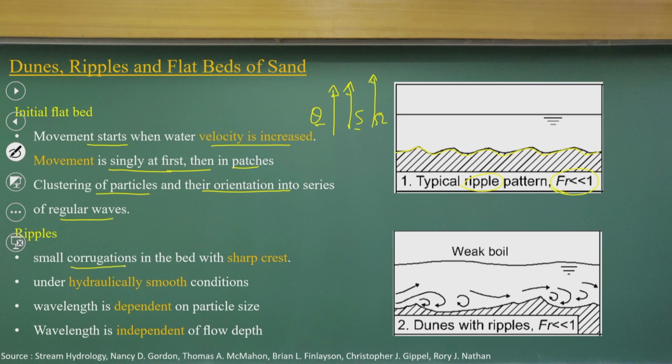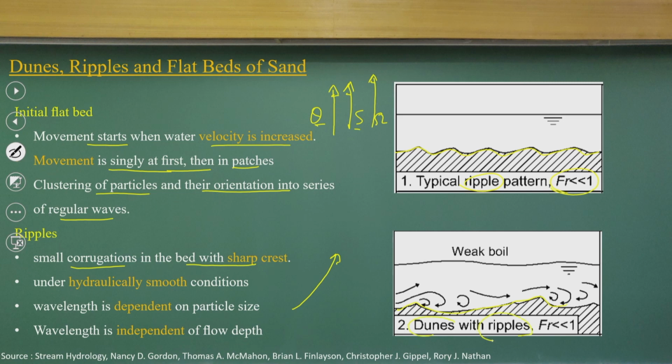Initial bed forms, then a series of ripples. The smaller congregations in the bed have a sharp crest, and if you further increase the flow, these ripples will form like this. So, that was the dunes with ripples.